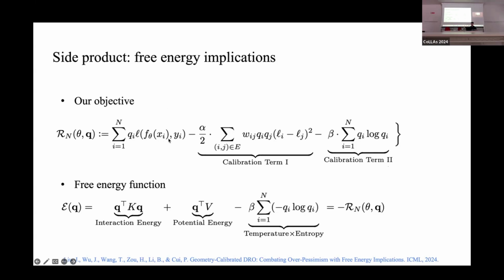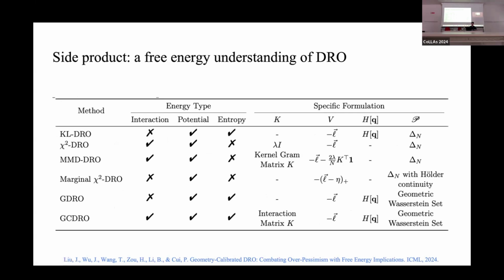In this way, we can unify the DRO methods via the free energy function, and it also provides a unique understanding of different DROs with different distance metrics from a free energy perspective. For example, different DROs may have different kinds of energies and different forms of each kind of energy.